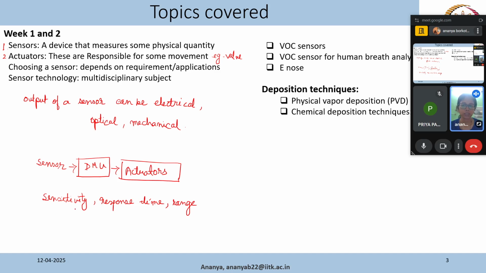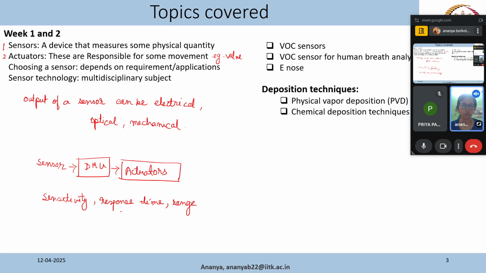We decide a sensor based on these things, as well as the environmental conditions. Say if we want to use a sensor at a very high temperature in an industry, for some application in the industry, then we will use a sensor that can sustain that kind of temperature, right? And also we will look for the economic part of it. Suppose in case of an IoT, Internet of Things, that requires many sensors.